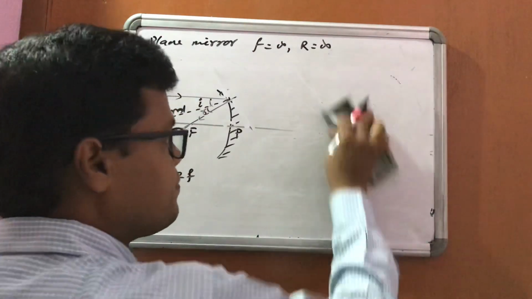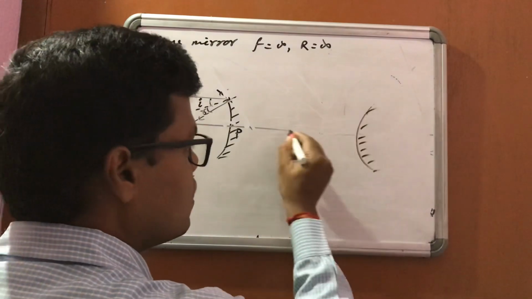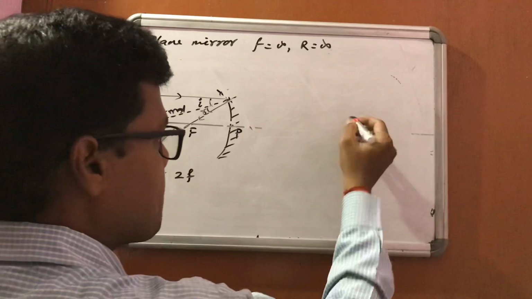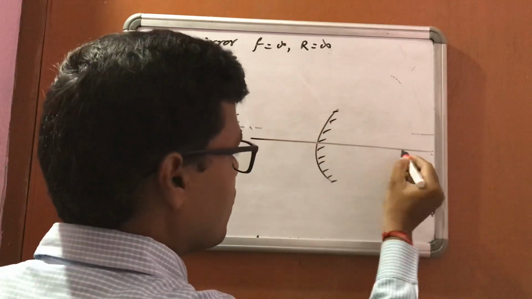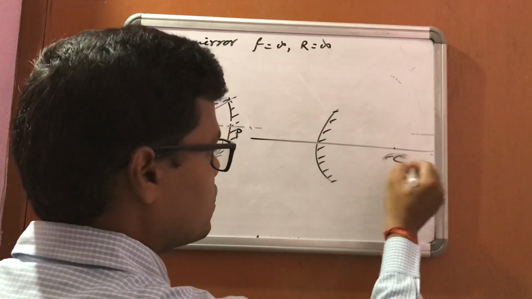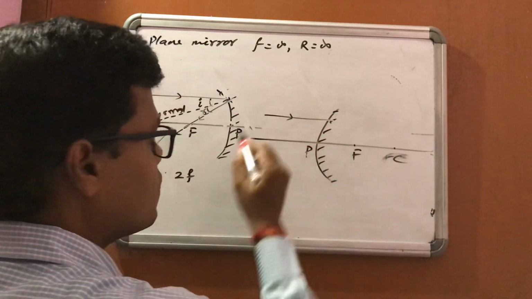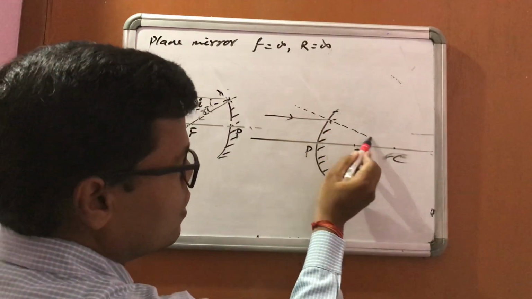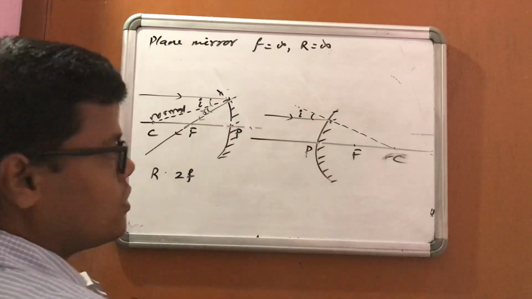What happens in case of a convex mirror? This is a convex mirror. This is pole, center of curvature, pole, focus. Let us draw the normal. Similarly, this is the normal. This is the angle of incidence.